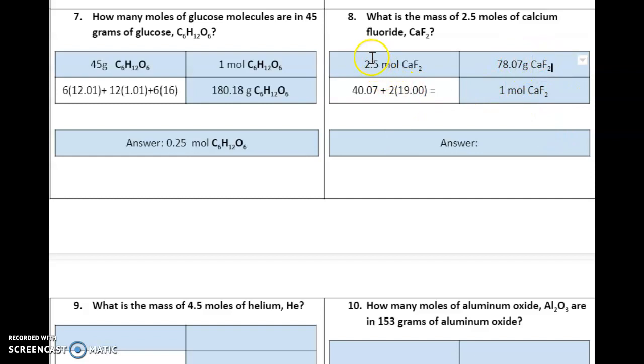We are going to do 2.5 times 78.07 and then divide it by 1. Our moles will cancel and we'll be left with grams. So our final answer for number 8 is 195.18 grams of CaF2, or calcium fluoride.